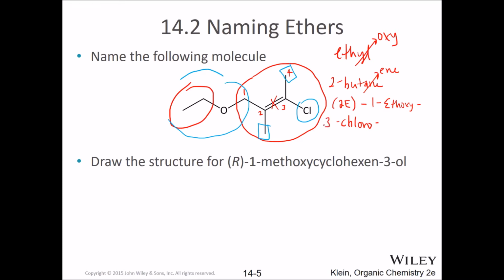That's on the 3, so it's going to be 3-chloro. And I'm going to mark that off because I've got it written here. Agreed? 3-chloro, and I also have a methyl group, 2-methyl. All right. So that's got to get named. This has got to get named.